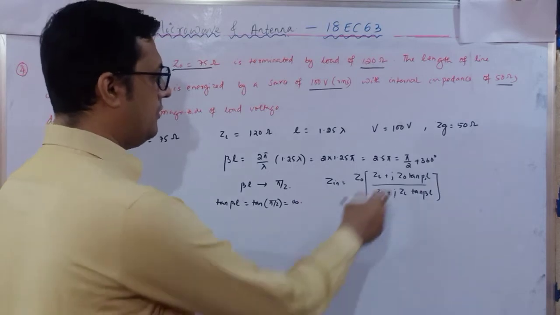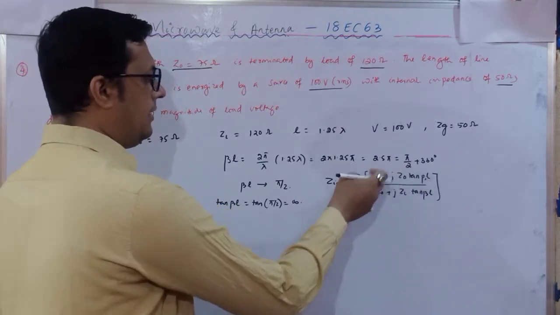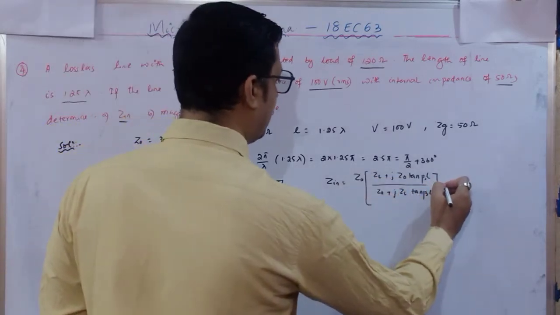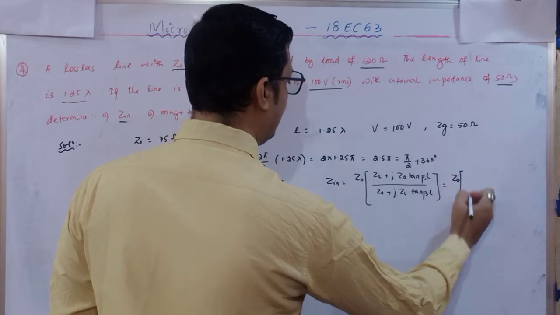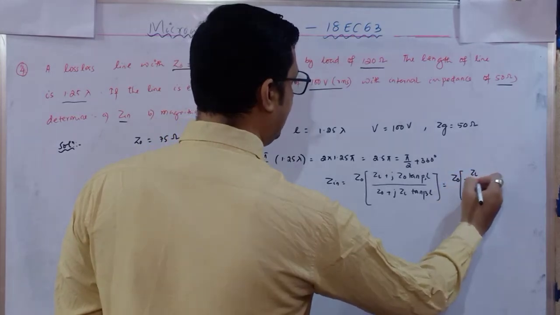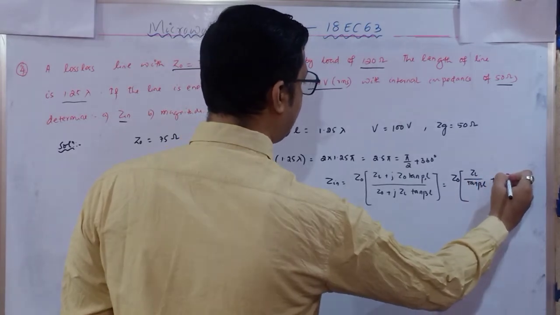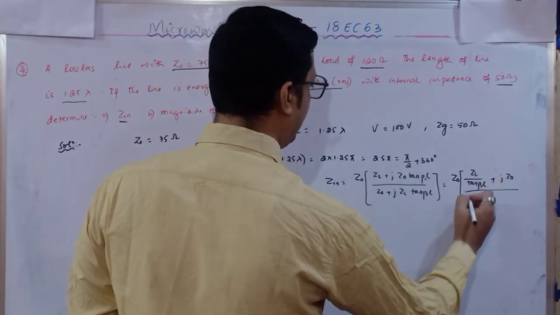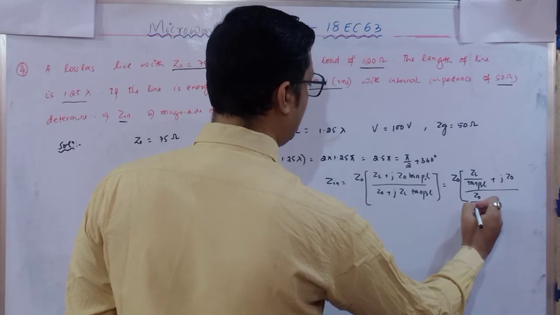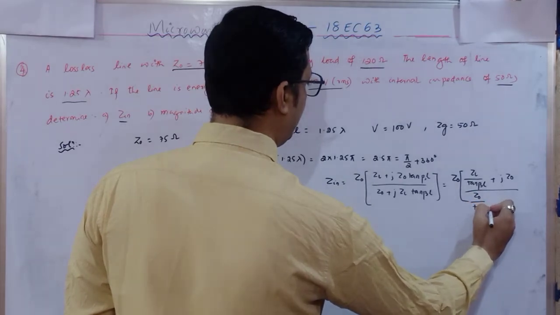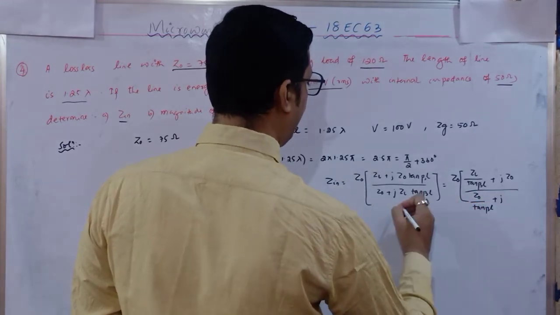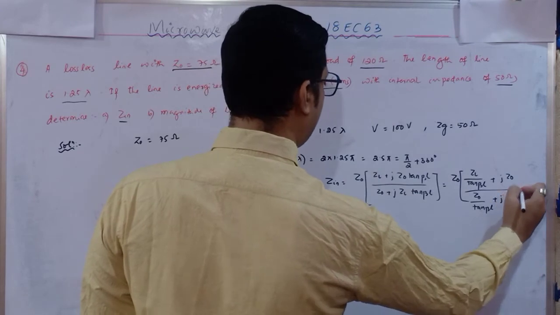So take this tan beta L as common outside. We will get Z0 times (ZL divided by tan beta L plus j Z0) divided by (Z0 divided by tan beta L plus j ZL).